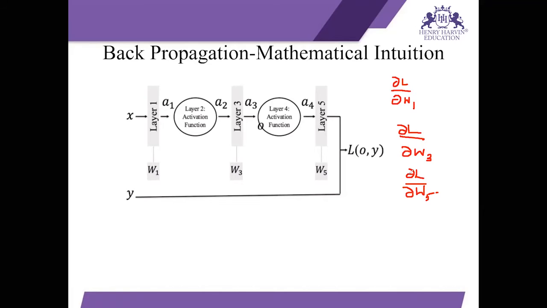We started off with random weights and now we want to update them so that we can minimize our loss, so that we can maximize our happiness. So here the loss function, we try to minimize it, right? In our toy network, we have 3 layers with trainable parameters, which are layer 1, layer 3, and layer 5. And we want to find the gradients of the loss with respect to these parameters.